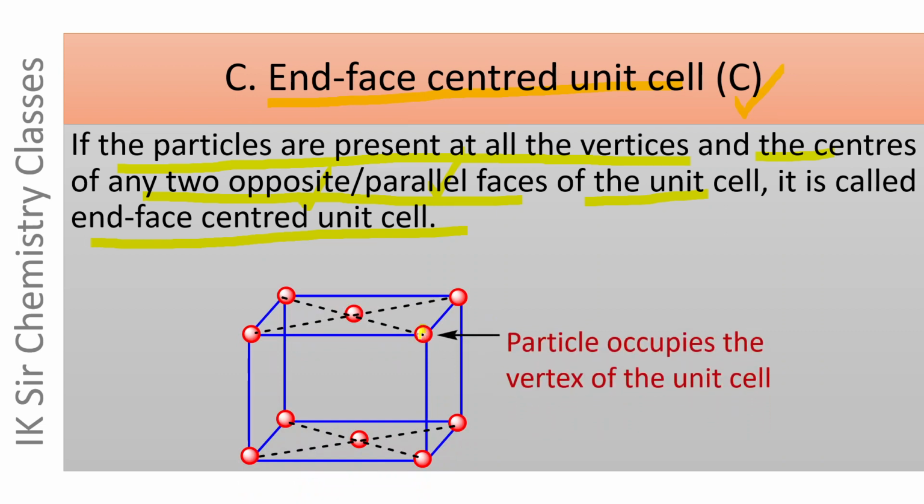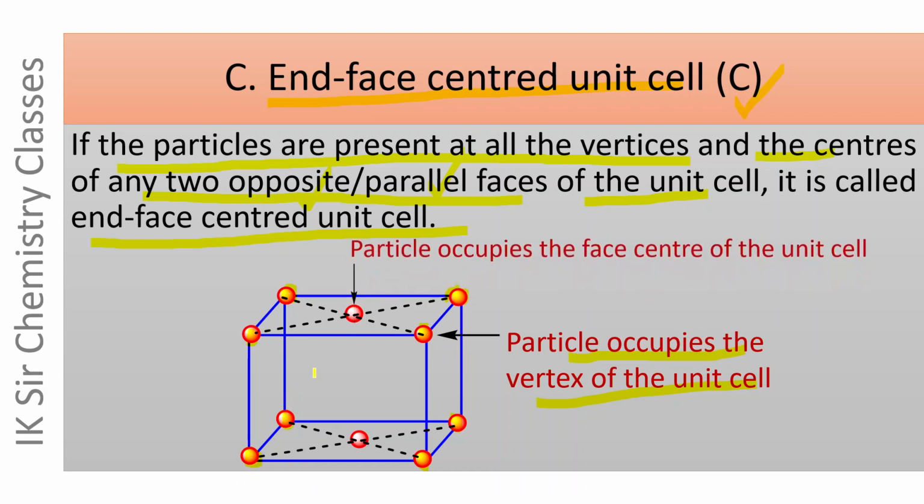This particle occupies the vertex of the unit cell. In fact, all the vertices of the unit cell are occupied by particle: 4 vertices on the top face and 4 vertices on the bottom face. At the same time, this particle occupies the face center of the unit cell.